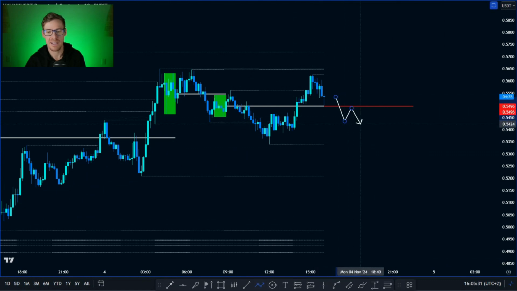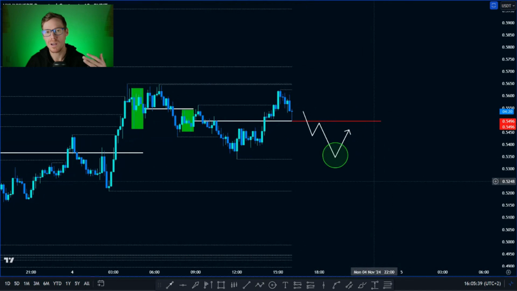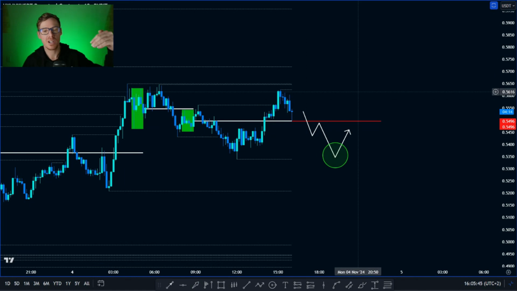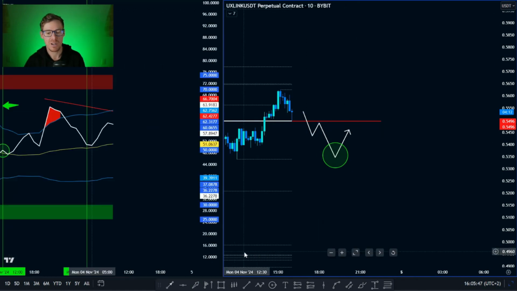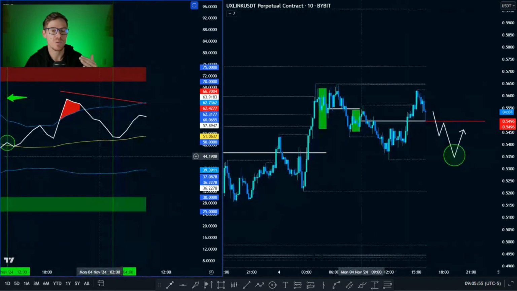Say it breaks under here, then potentially we'll be looking for a long entry when price is under the value line. Or we'll wait for a new master pattern to form. We'll wait for a new contraction box to form, and then wait for price to come under the value line again, because we know on the higher time frame we are above the sentiment, which means we're only looking for bullish trades.